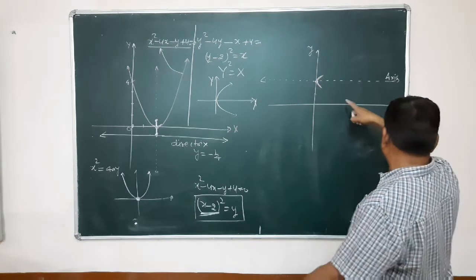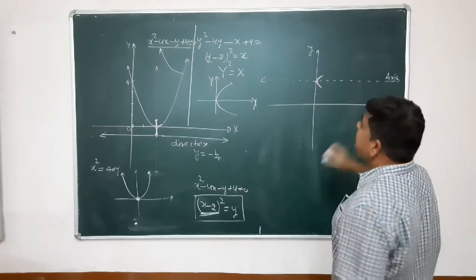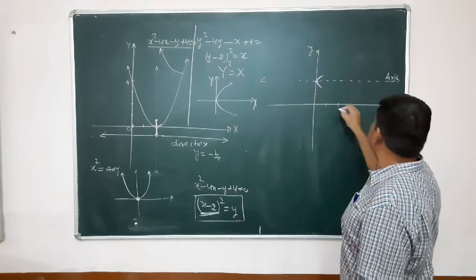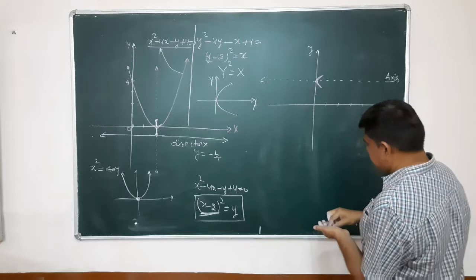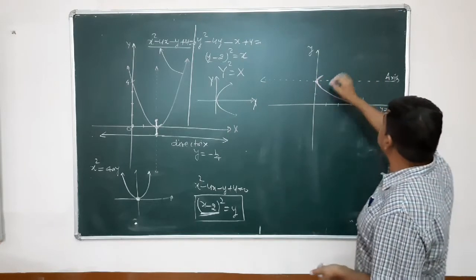Now this will intersect the x-axis, and its equation is y equals 0. So if you put y equals 0, then you find x equals 4. 1, 2, 3, 4.